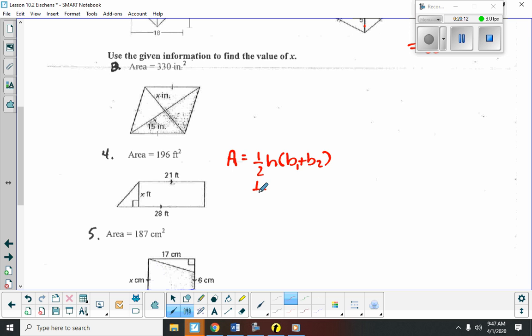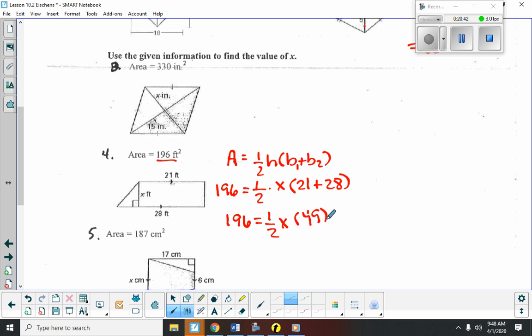We know the area is 196. And the height is x, and the bases are 21 plus 28. So that's 196 equals 1/2 x, and 21 plus 28 is 49.